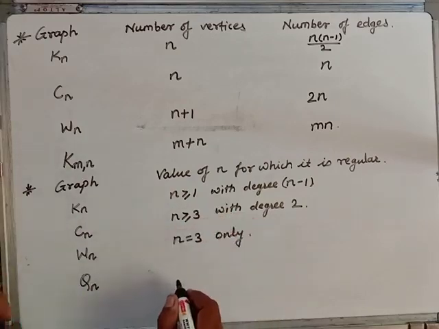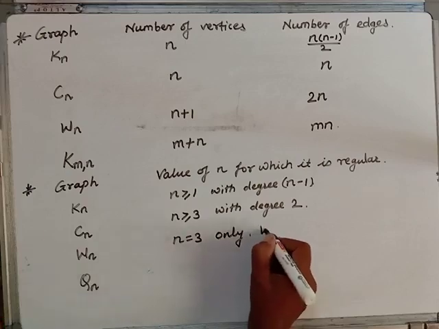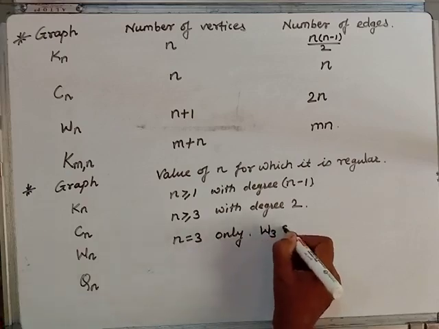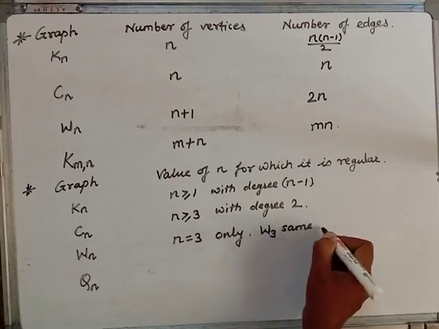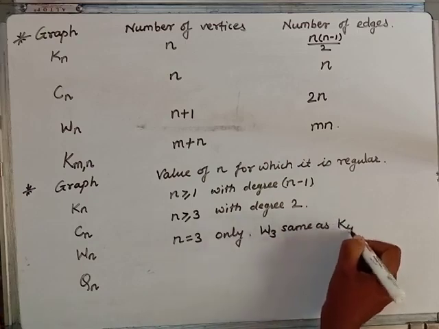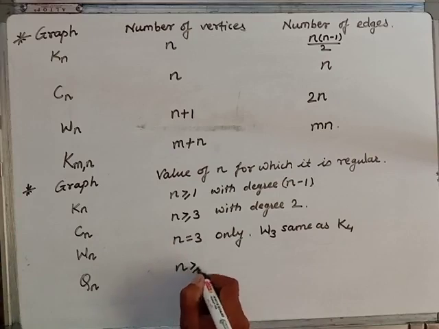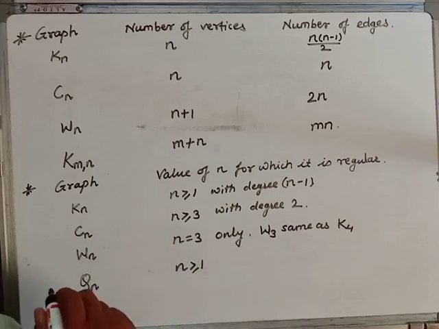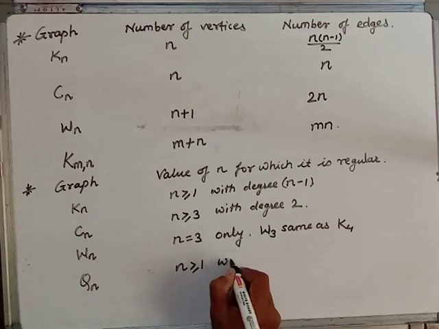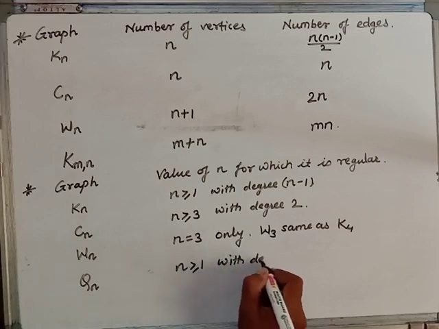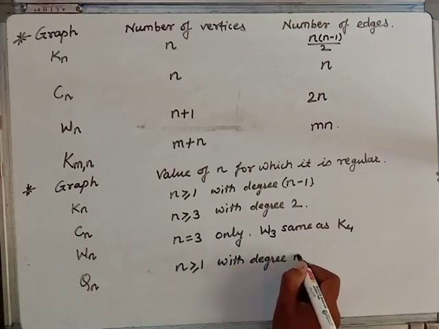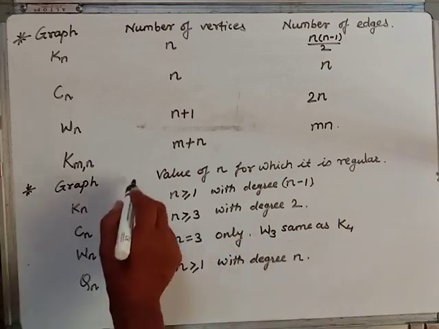And W3 is the same as K4; you can check that. Then the n-cube is regular for n greater than or equal to 1 with degree n. Okay, remember these things.